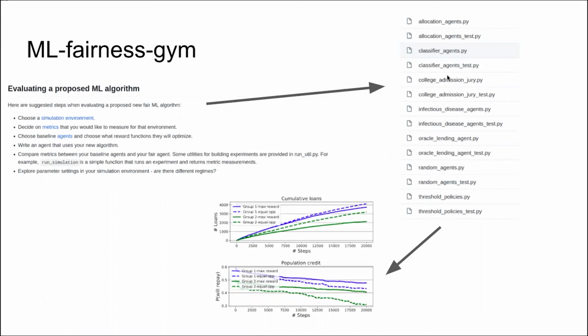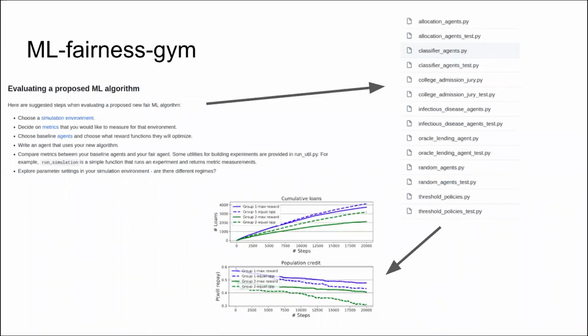So you can think about college admissions or classifiers or allocators, and then they let you play that out over time. And they say, okay, in this case, this is what things are going to look like over time. So maybe over time things get more fair or less fair, or distribution gets better or worse. But this is something that has also been missing from the fairness literature and is quite useful.